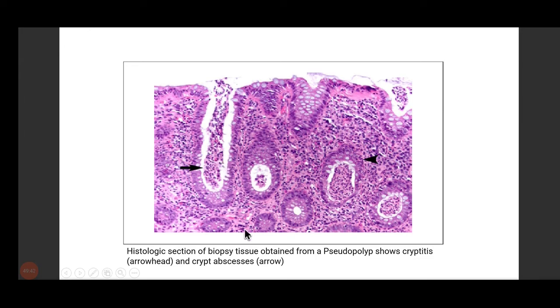Here is the abscess, and the arrow is cryptitis. The abscess is formed because all the inflammatory cells are in the crypt. And this is your crypt.